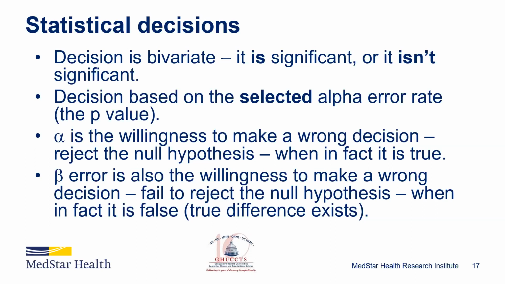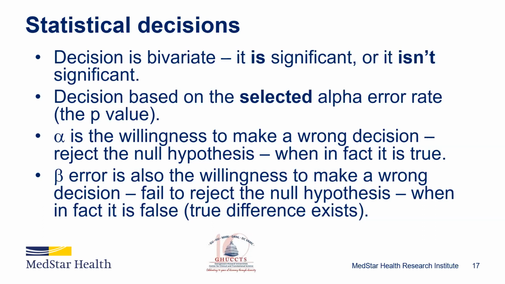In other words, based on our statistical test, we're going to say that there is a difference in the population. But it turns out, if we were able to look at the population, that that's not true. That there is no difference.